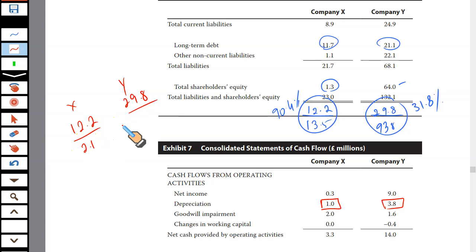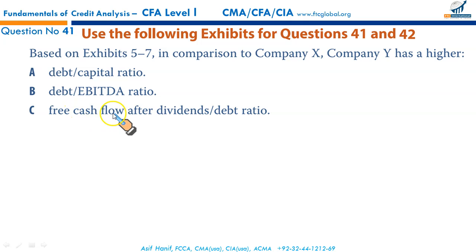It was 2.1 for X and 17.1 for Y. So if you calculate, what you get is 5.81 and 1.74. So we will write all these numbers in the main question, then we will go for the correct or incorrect option. So what is the third option? The option C. What do we need to calculate in option C? Free cash flow after dividends upon debt ratio. Free cash flow after dividend upon debt. This is the third measure.